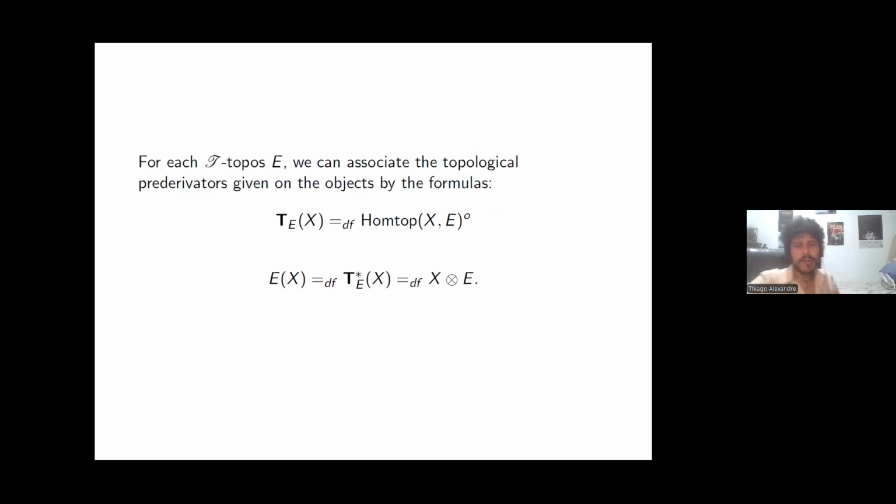And now we have a lot of examples. For a T topos E, we can associate at least two canonical topological prederivators.